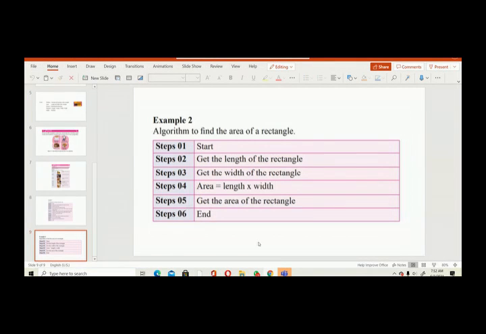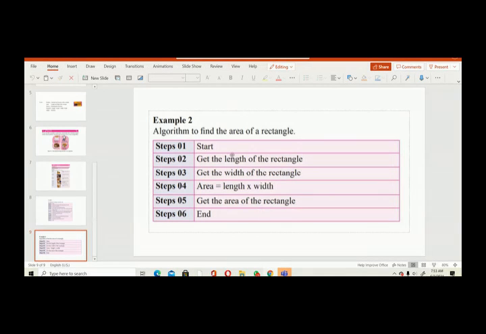Now, for example, to find the area of a rectangle, you have written the steps like this. Okay, start, get the length of the rectangle, get the width of the rectangle, then area equals length into width, then output is the area of the rectangle, and end. Now the same thing you can show using a flow chart.